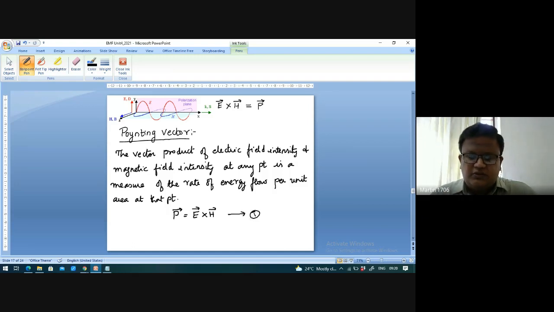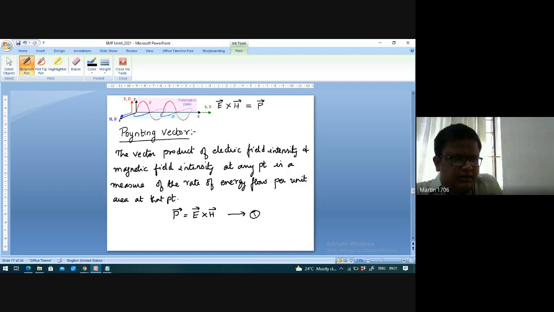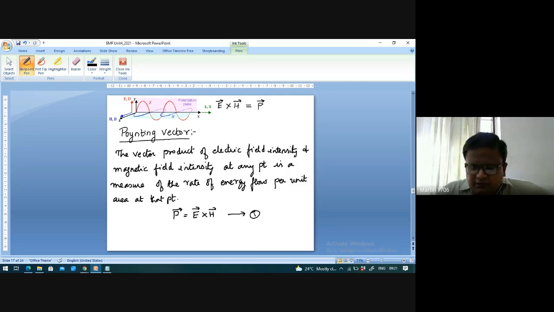Even then, this pointing vector concept is a derivative, but you have to know the main thing, which is very important. This is one of the very important concepts and is usually asked in your GATE exams also.